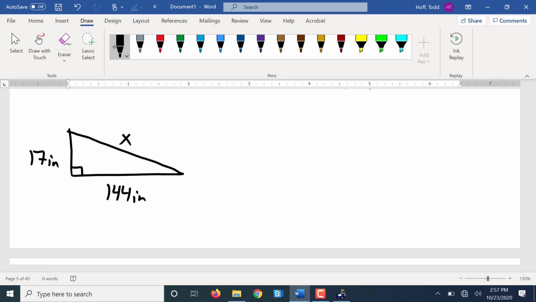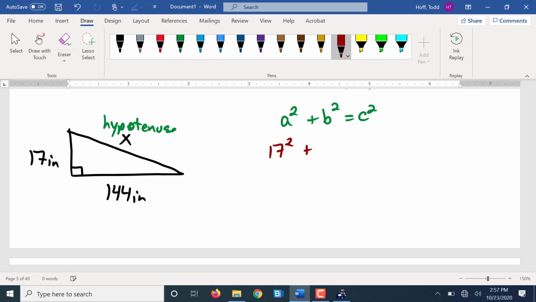A leg or a hypotenuse? Hypotenuse. When we're missing the hypotenuse, we're just going to do a squared plus b squared equals c squared. So we'll have 17 squared plus 144 squared equals c squared.